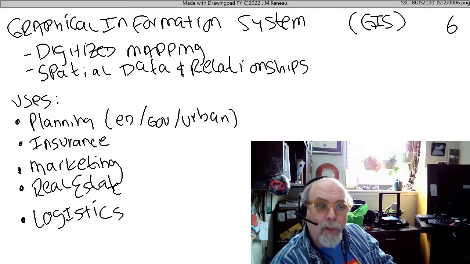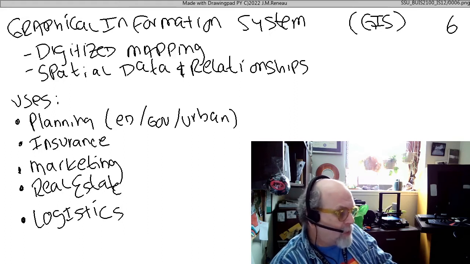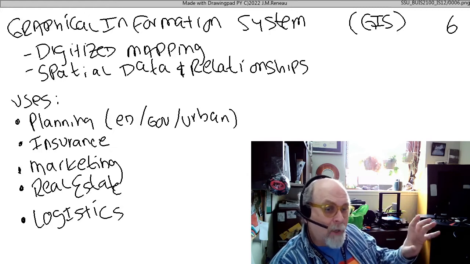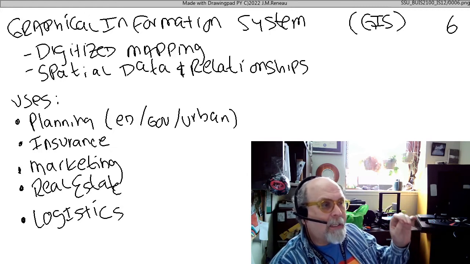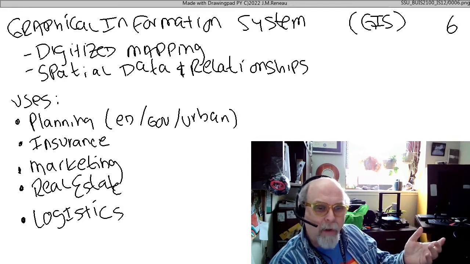They're used for insurance. One graphical information system that I've seen insurance agents use is a map showing a community, but it shows the distance to the nearest fire station. Why does that matter?